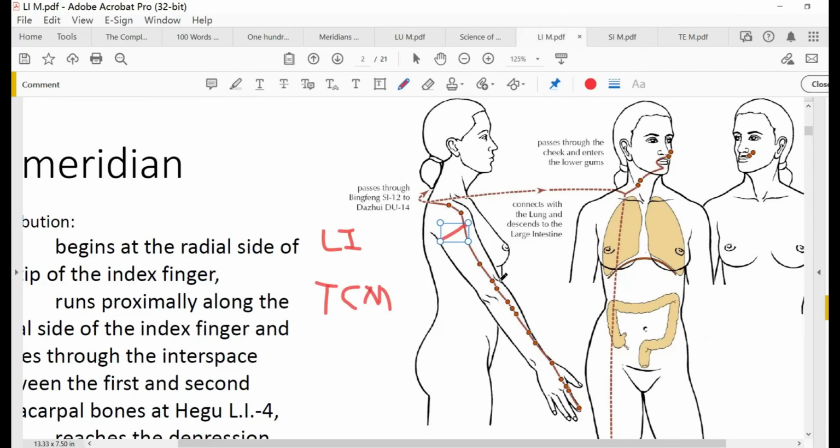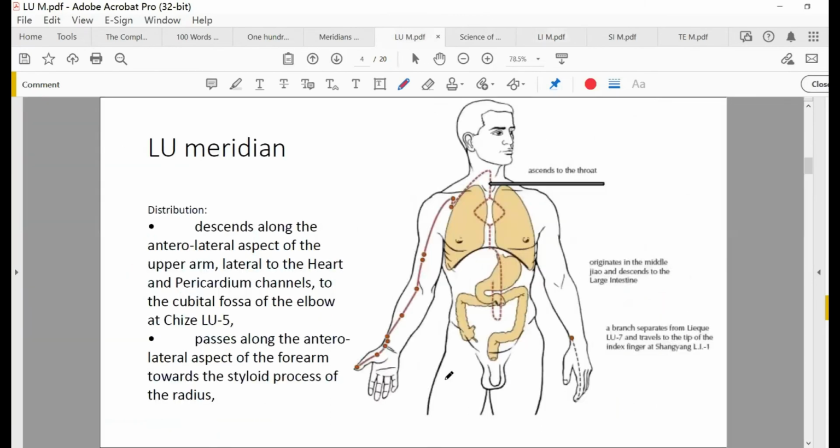They are exterior-interior related, large intestine and lung. This one, that's large intestine: anterior, yang part, close to the thumb. Lung: anterior, the yin part.